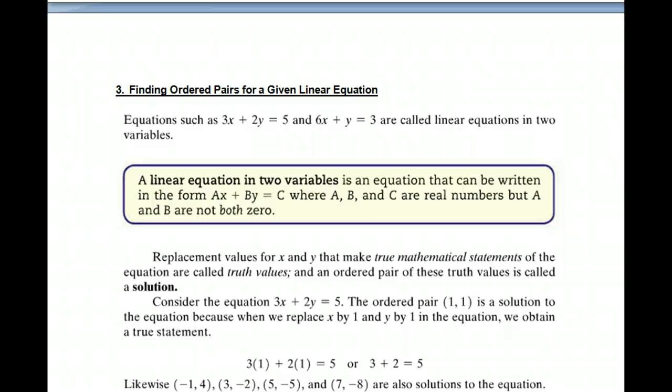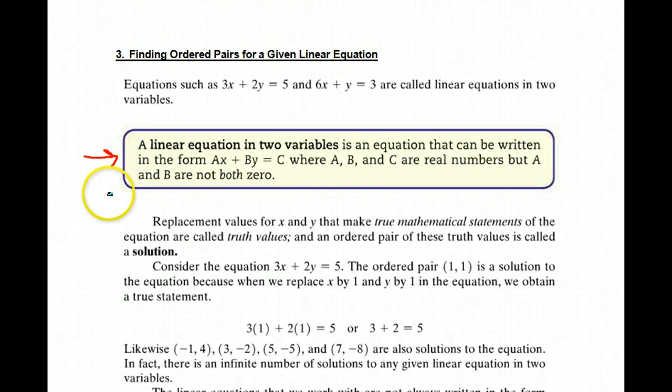So a linear equation in two variables is an equation that can be written in the form ax plus by equals c, where A, B, and C are real numbers, but A and B are not both 0 at the same time. Replacement values for x and y that make true mathematical statements of the equation are called truth values.